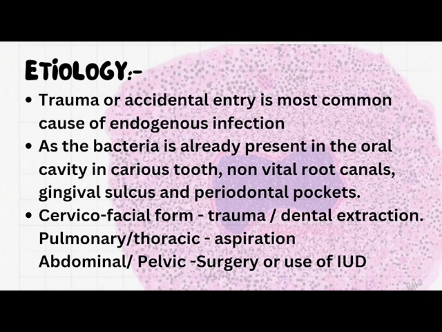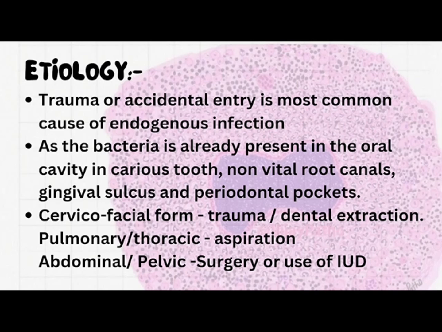Etiology. As told earlier, trauma or accidental entry is the most common cause of endogenous infection of Actinomyces, as the bacteria is already present as a commensal or normal flora in the oral cavity, in carious teeth, non-vital root canals, gingival sulcus, and periodontal pockets.